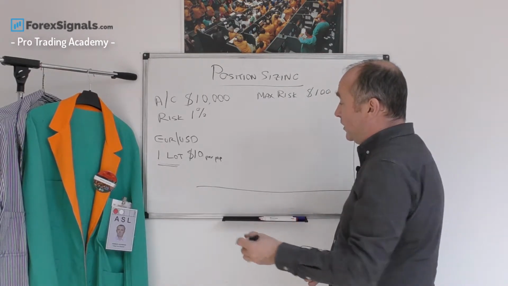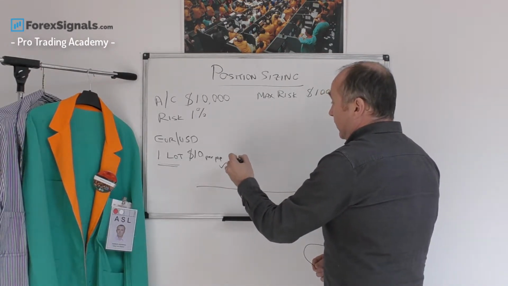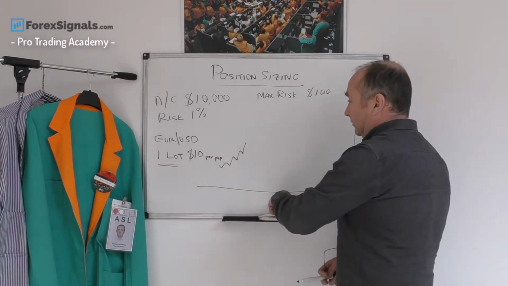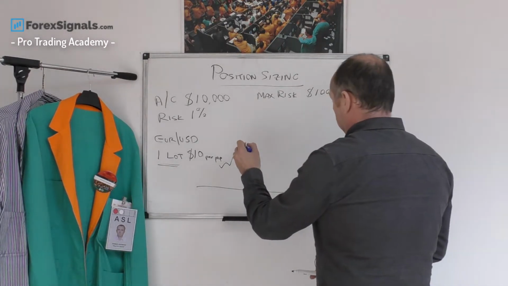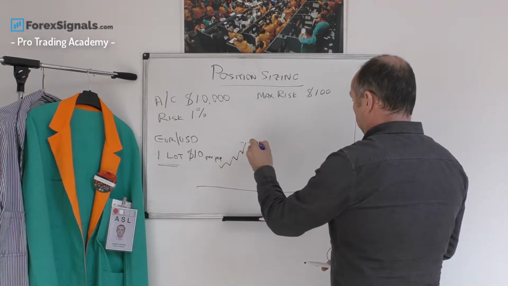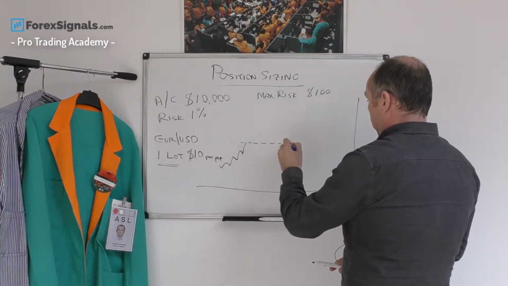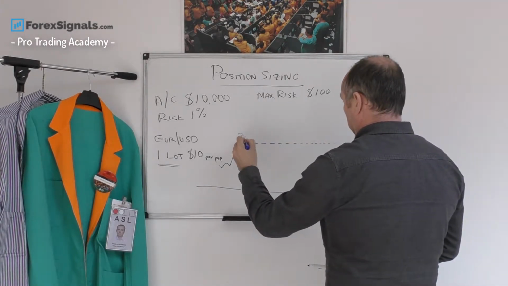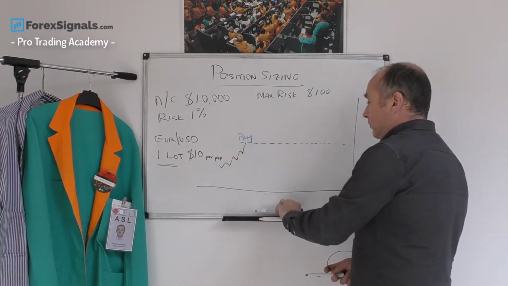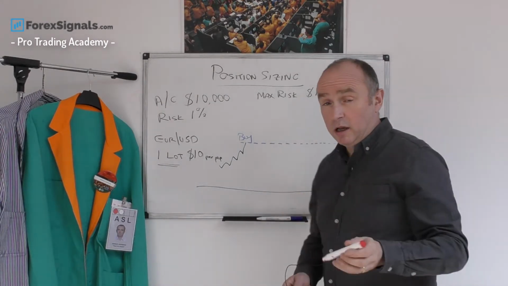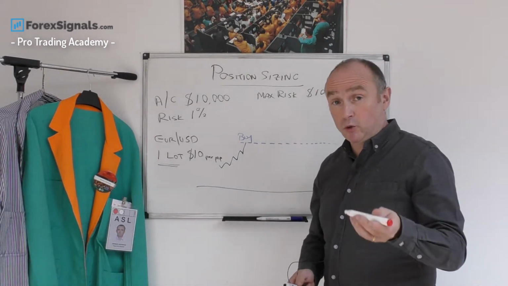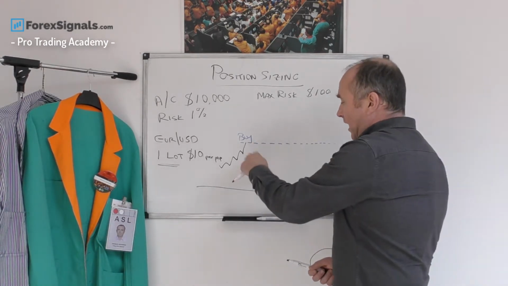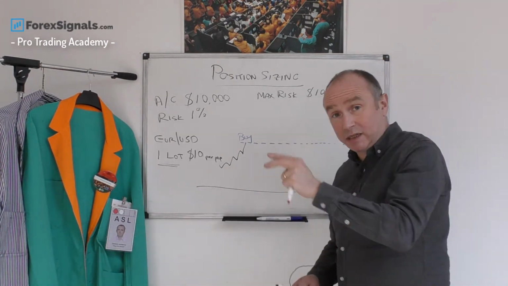We're implementing this strategy. The euro is doing what it's doing, and our strategy now tells us we need to buy at this level here. It gives out a buy order or buy signal. So we're buying at this level here. Okay, that's a buy order. Now, when we place a buy order, our corresponding stop loss order has to be below where we bought it. So clearly we want the market to go up in value because we bought it.